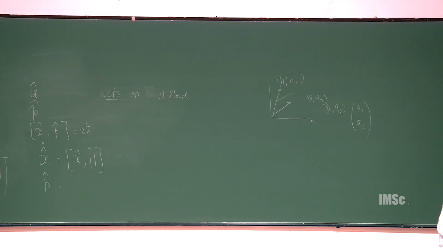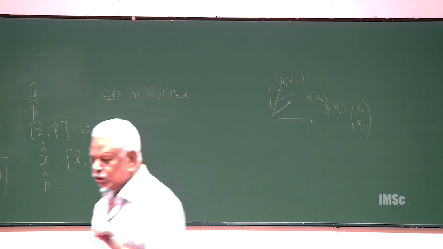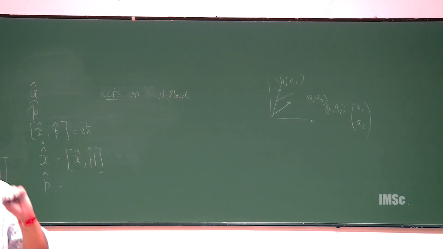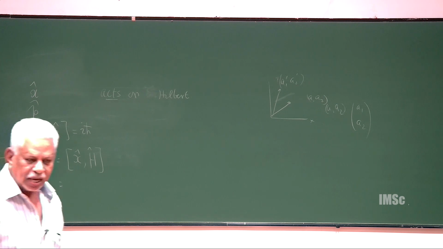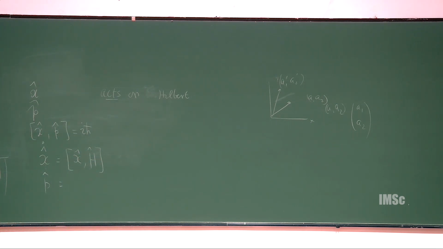Whereas the other way of saying is my operator has not changed with time, but it's only the state, the vector, that has changed with time. And that is what Schrödinger gave.